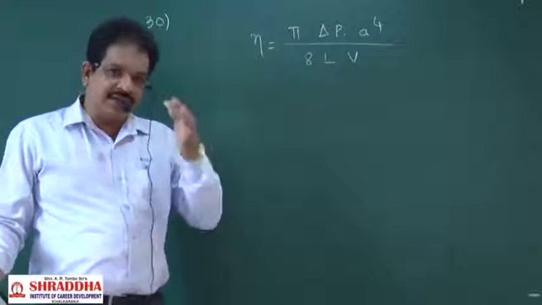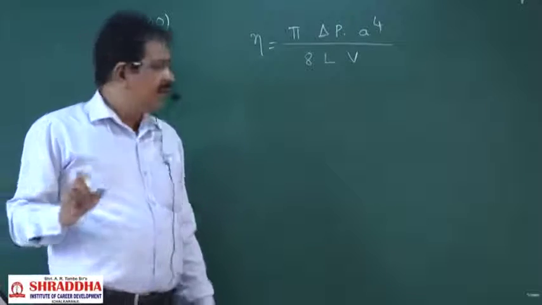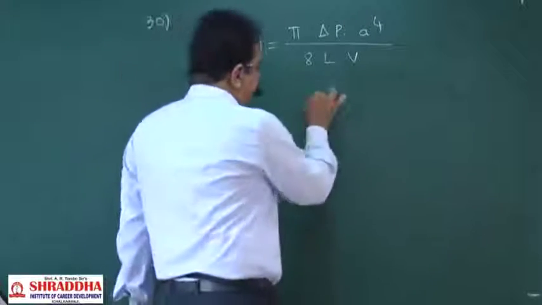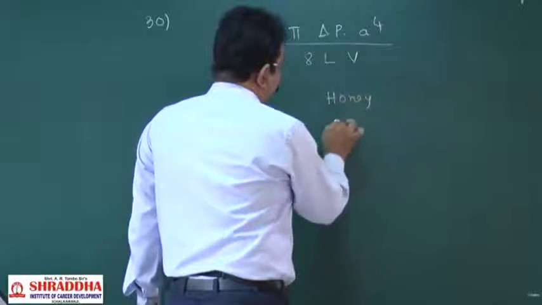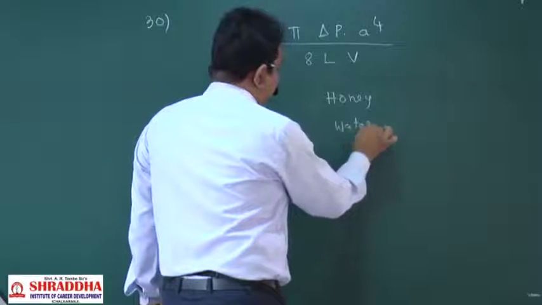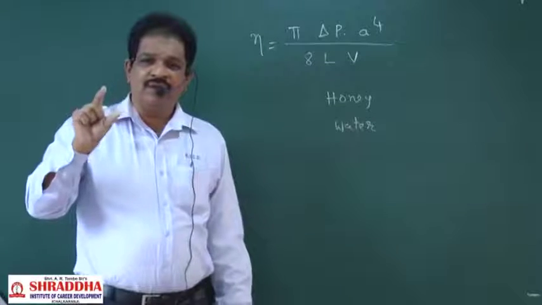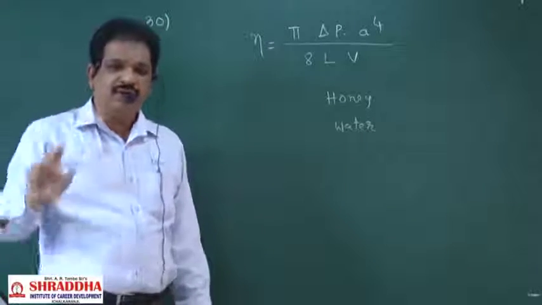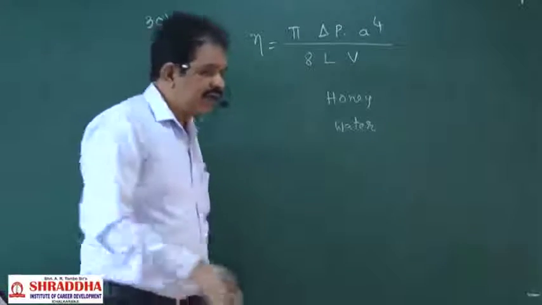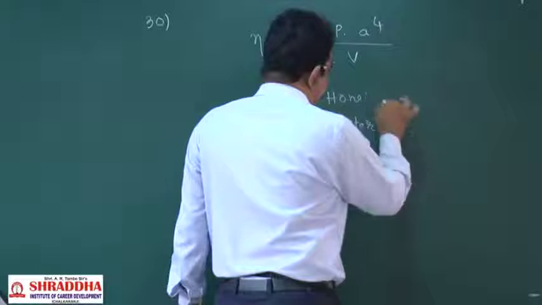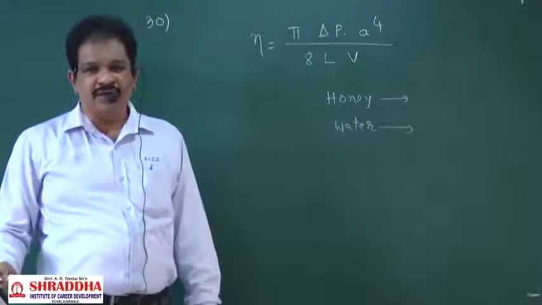First, coefficient of viscosity. Coefficient of viscosity means if you take one bottle of honey and one bottle of water and pour them on the table, on the floor, water will move fast, honey will move slowly compared to water.